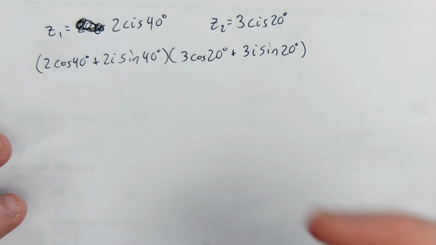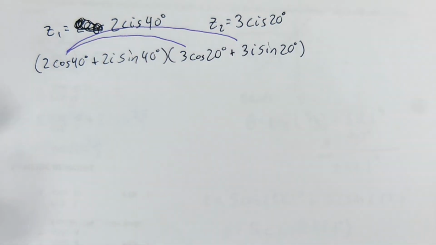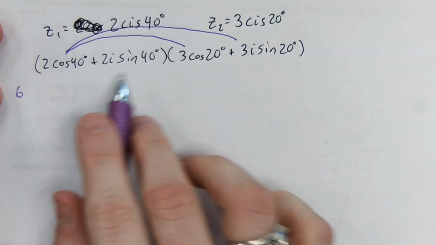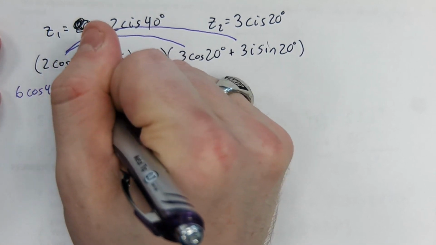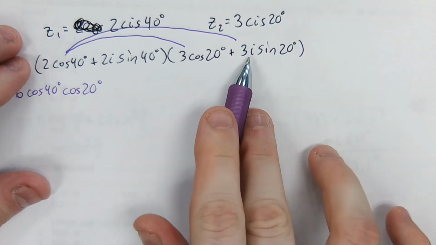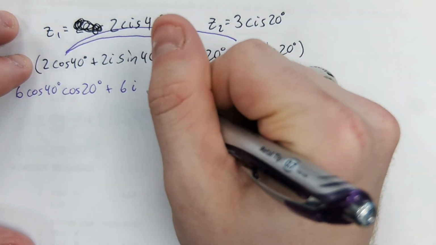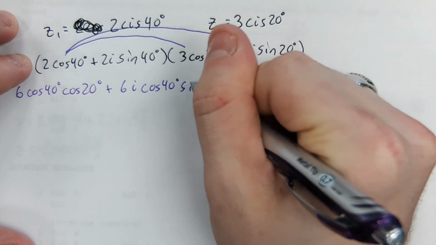Watch this. So we're going to do that multiplication and that multiplication. I'll do those in purple. So it's going to give me 6 cosine 40 cosine 20. And then here to here, 6i cosine 40 sine 20.